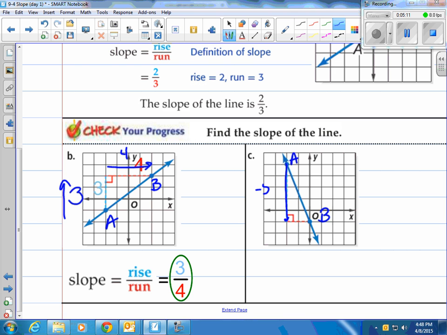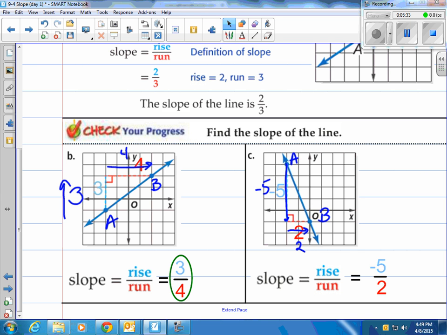So we're going down 5, and then we're going over 2. To the right is a positive, so there's 2. So slope is the rise over the run. In this case, the rise is actually what we call fall, going down. So you're going down 5, but you're still going to the right 2. So we simply say it's negative 5 over 2. And that is your answer right there.